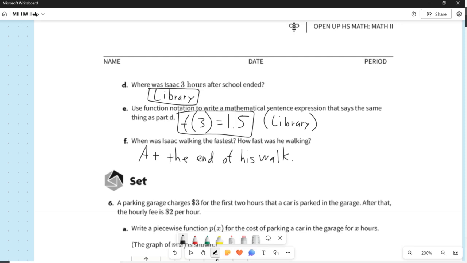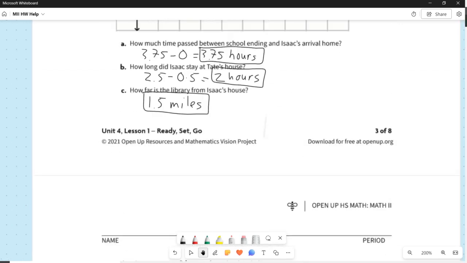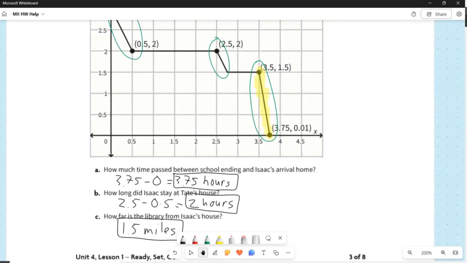And if we want to know how fast he was walking, well, he went 1.5 miles, right? Because remember, the library is 1.5 miles from his house. So he traveled 1.5 miles.